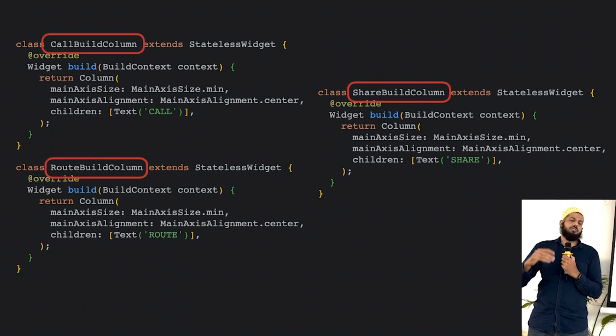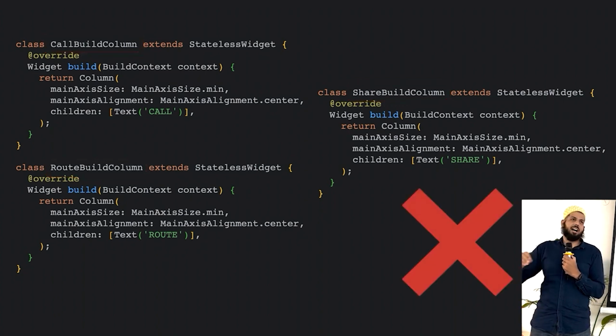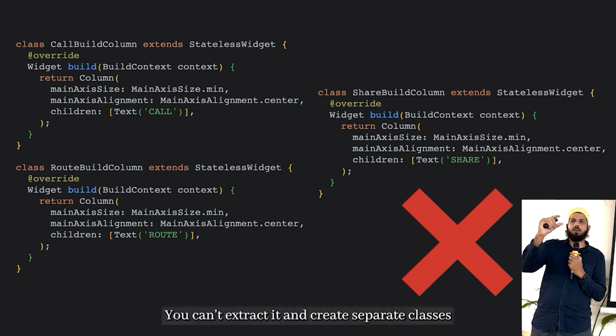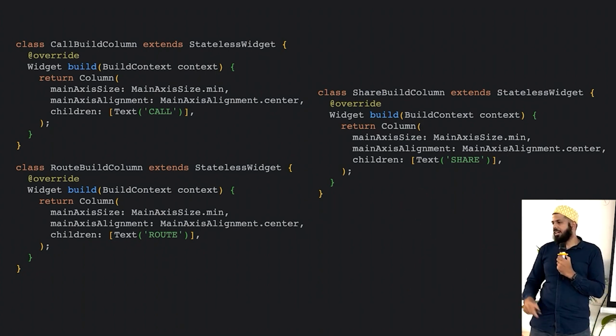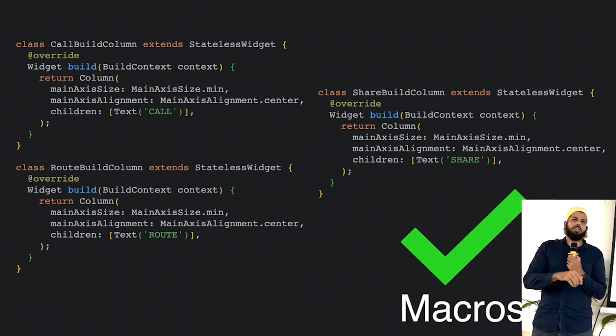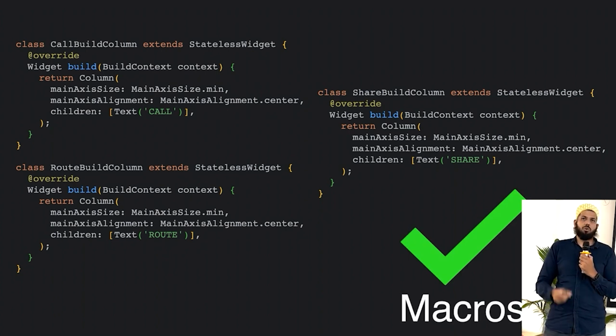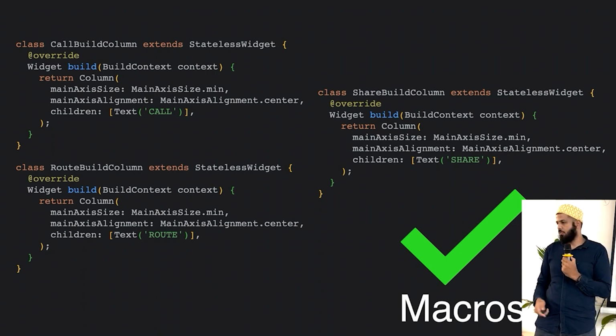So if you want to avoid an abstraction for this kind of thing, you cannot do it in the existing Dart language. आप उस को abstract करके अलग अलग क्लासेस आप नहीं बना सकते, क्योंकि वो लैंग्वेज में अभी सपोर्ट नहीं है. But if you use macros you can basically do it. You define a macro which says कि इस कॉलम का मुझे ऐसा क्लास बना के दो, and it will automatically do it for you. So you don't have to create that class manually, it's just that the macro does it for you.